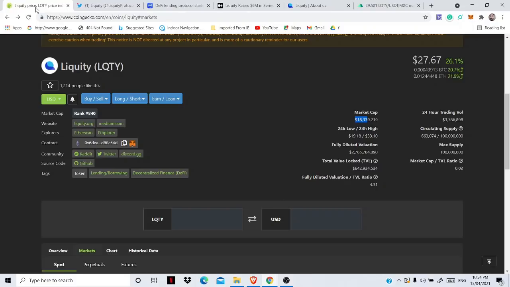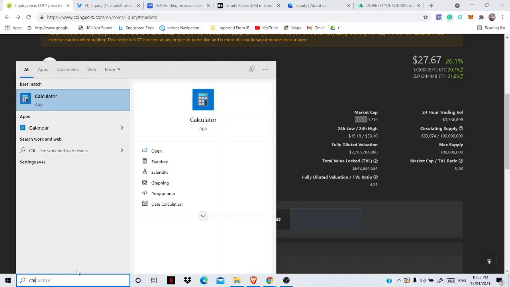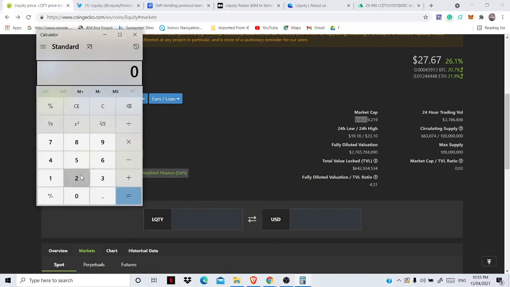DeFi lending is a current trend, so I expect it to be a minimum $500 million market cap within a year, and if they do good marketing, it can go to 1 billion. So we calculate very conservatively. Suppose the marketing is not good and it only goes to $500 million.